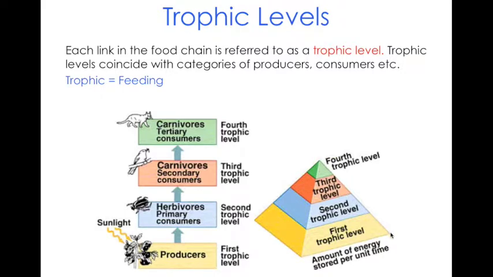The same thing can be said for a lot of different organisms. When they consume food, they release some of that energy as heat and other things as well. And so you lose a bit of energy every time you go up, and so it's represented as a bit of a pyramid. By the time you get to the fourth trophic level, you only get very little of the energy that you initially had right down at the first trophic level, which is why most food chains and food webs don't go past the fourth trophic level, because you kind of run out of energy.